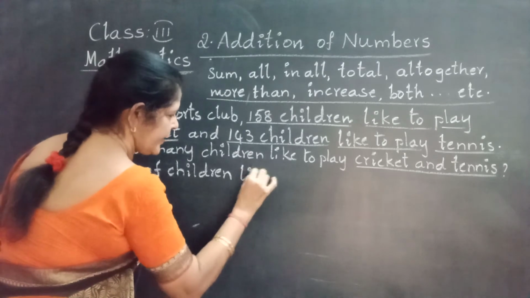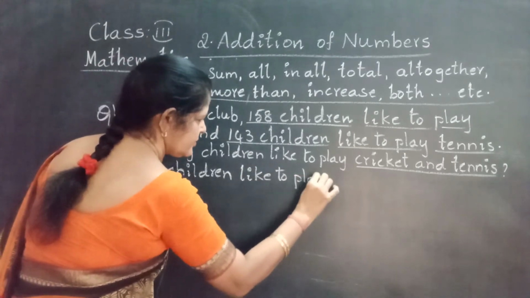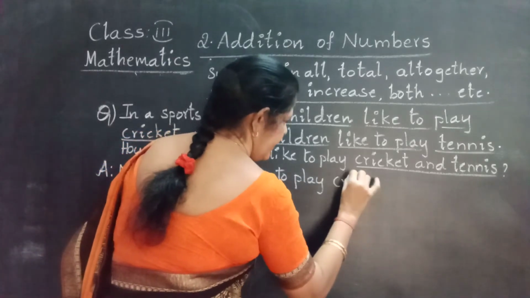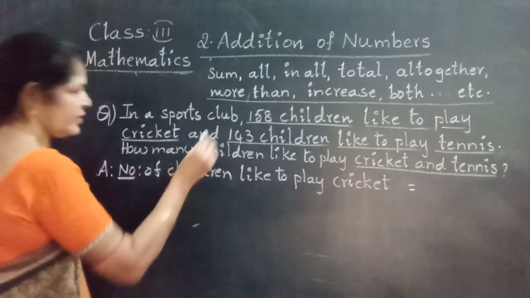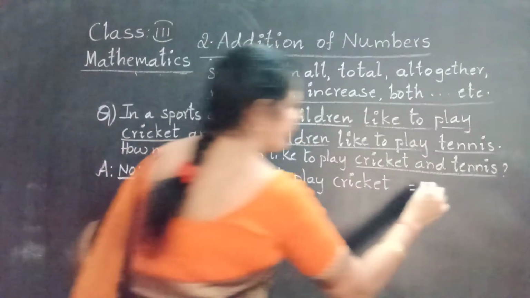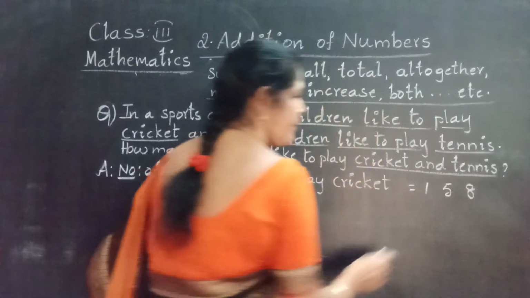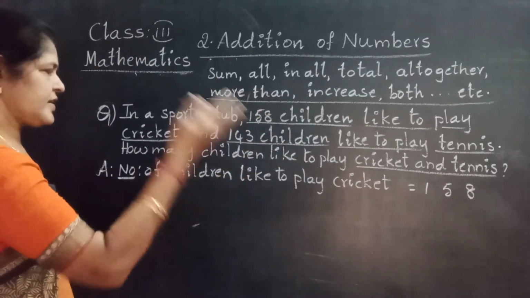Simple word: cricket. How many children are going to play cricket? Yes, 158. Here, write the numbers clearly. Give some space between the columns: ones place, tens place, hundreds place.